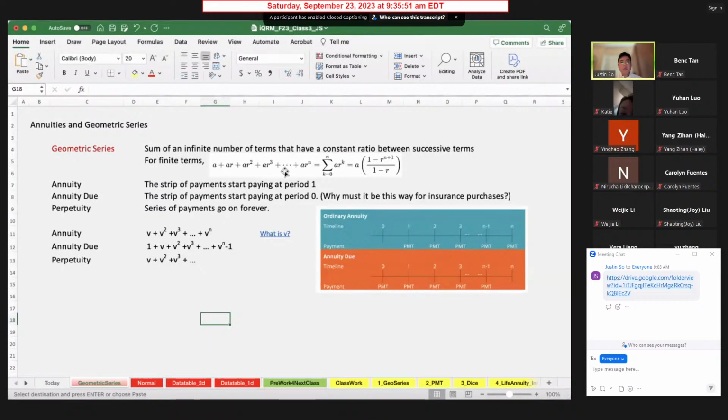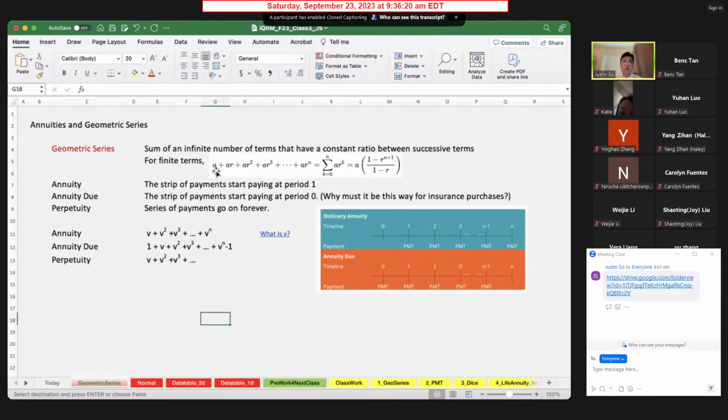So how do we calculate this geometric series sum? In order to calculate it, you put this limit sign and send n to infinity, because a geometric series is technically for an infinite number of terms. So n should go to infinity, but first we start with the finite terms.